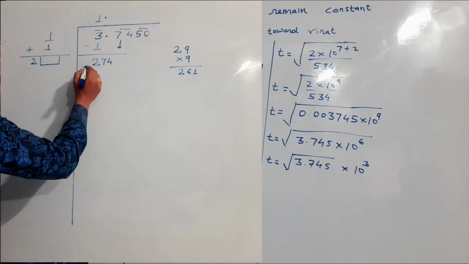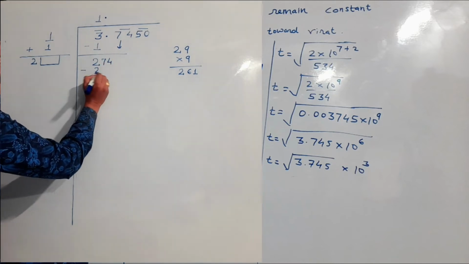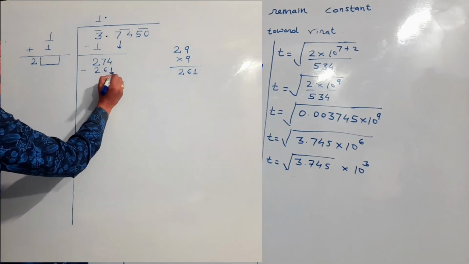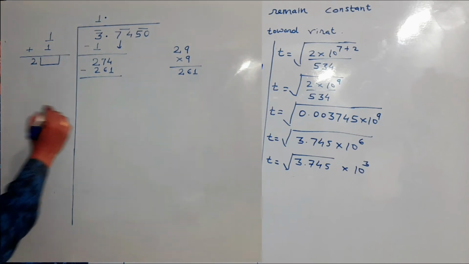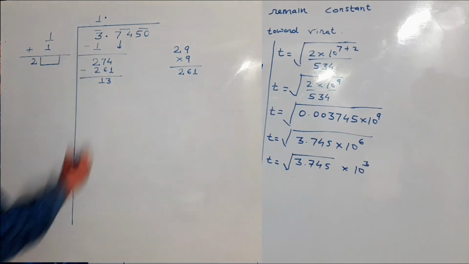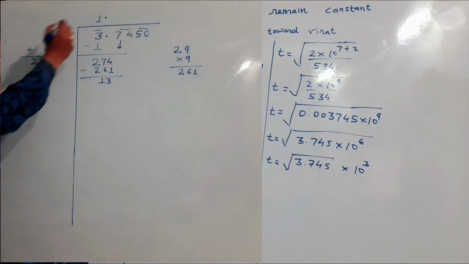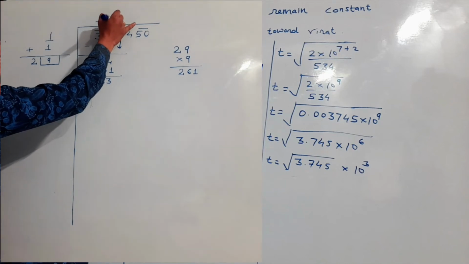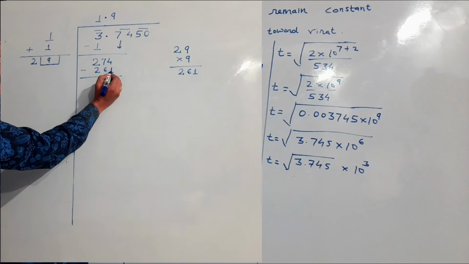So which is close to 274, so we will minus 261, and then here my dear student, we will get 13. Now here we have taken 9, so 29 into 9, we got 261.